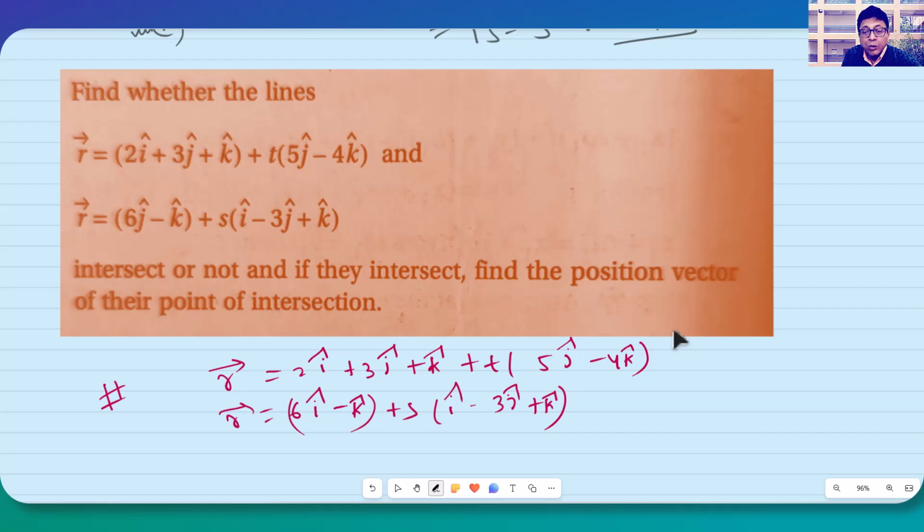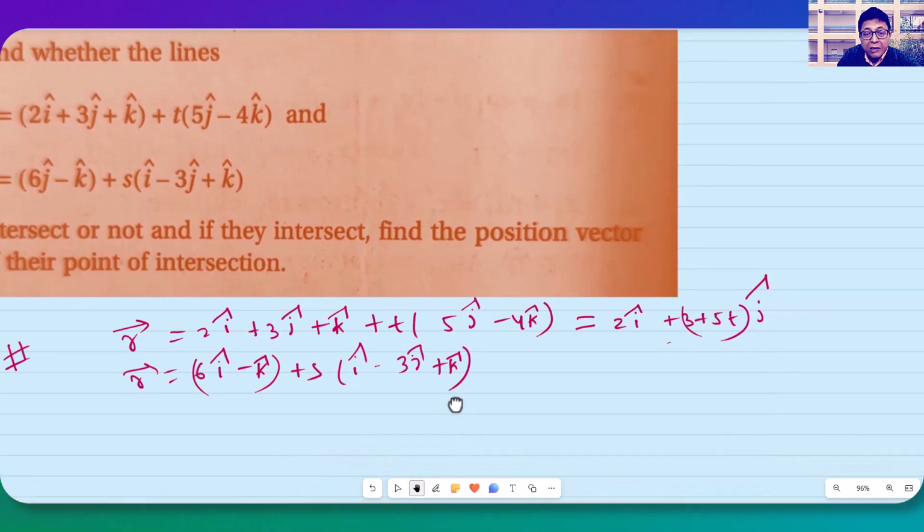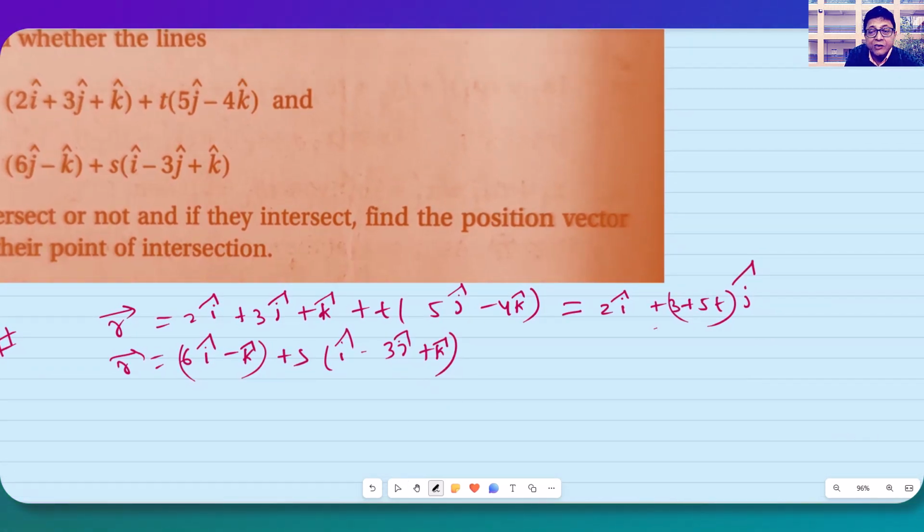So in the vector method also we need to take a point here, but the advantage is that this is more precise than the scalar form. There is no i over there, so it is 2i, and j is 3 plus 5t into j, and k is also there. I mean that the coefficient of k is 1.